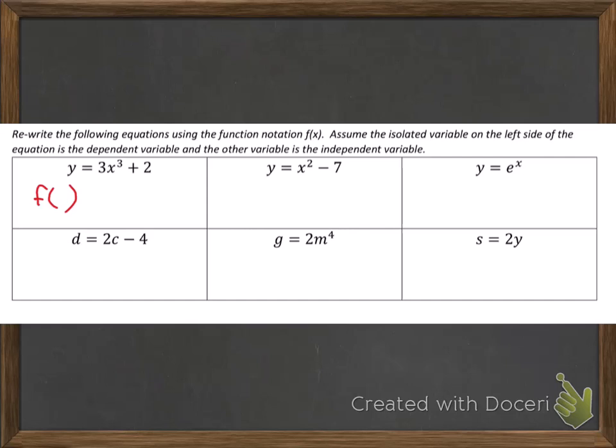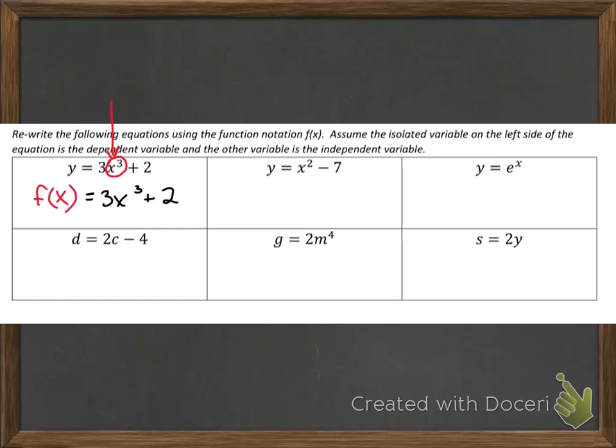And that something is going to be whatever our independent variable is. As you can see in this problem, our independent variable is x. So instead of y equals 3x cubed plus 2, we're going to write f of x equals 3x cubed plus 2. Again, f of x is just a fancy way of writing y. It's still our dependent variable.